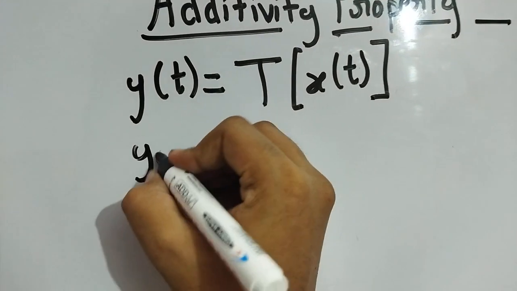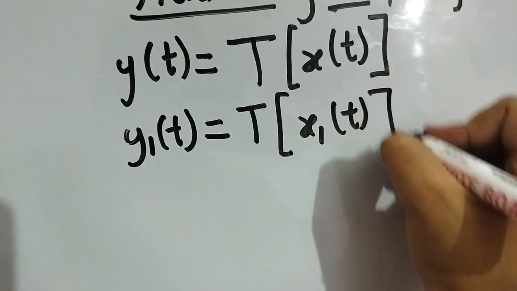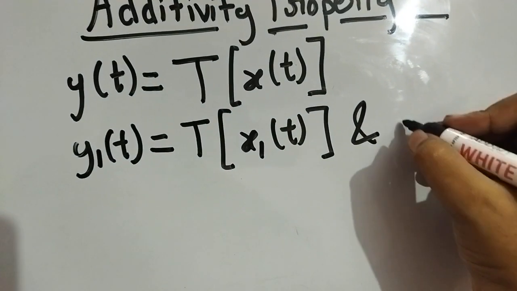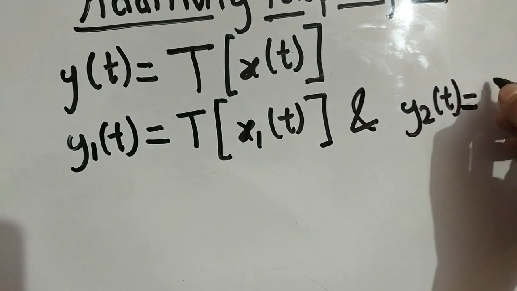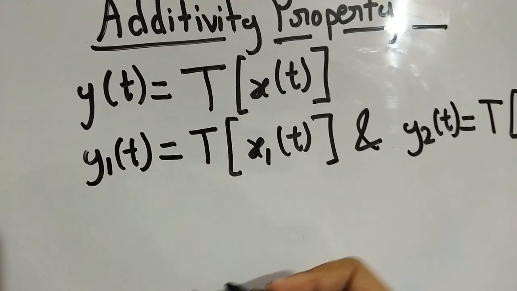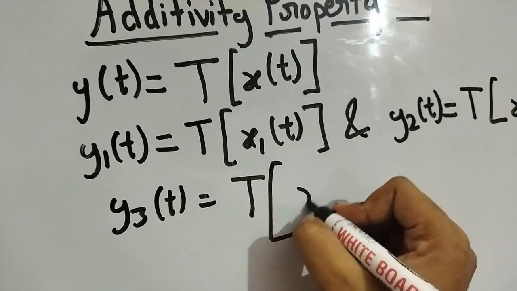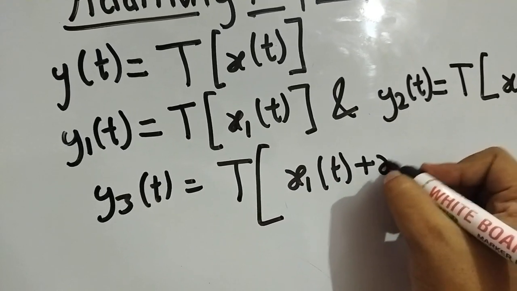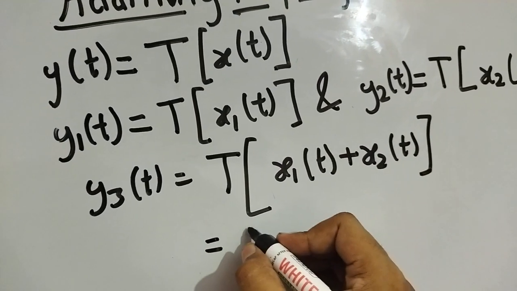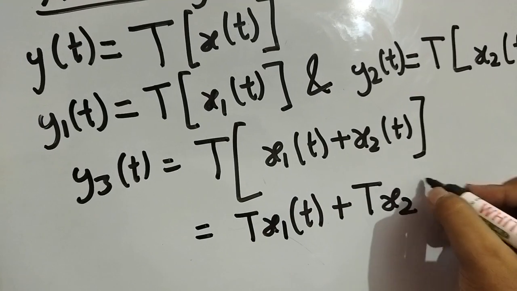y1 of t can be written as t into x1 of t, and y2 of t can be written as t into x2 of t. y3 of t will be t times x1 of t plus x2 of t, which can also be written as t into x1 of t plus t into x2 of t.